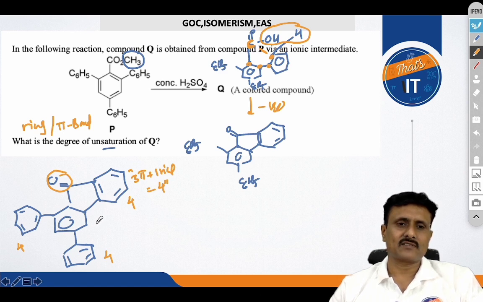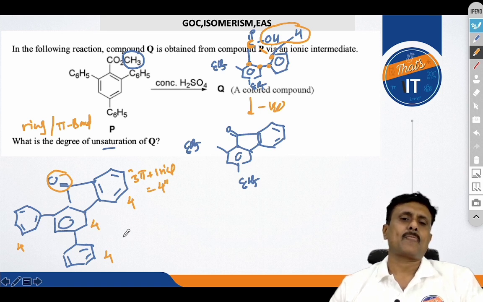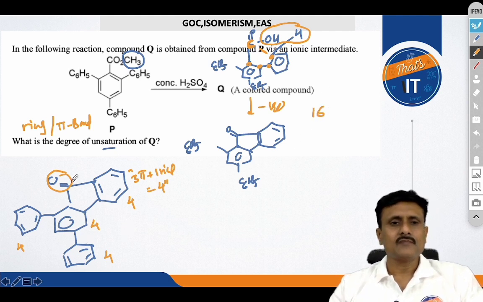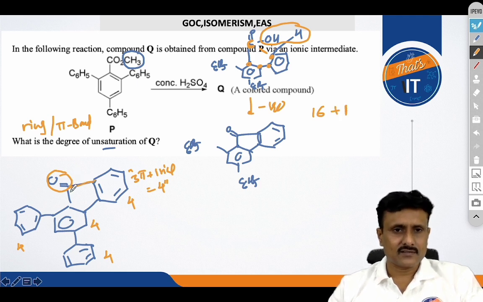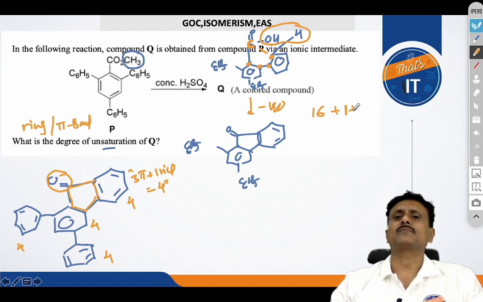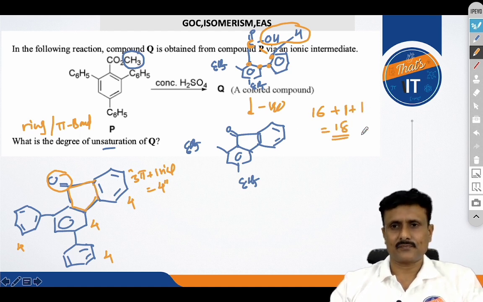Total how many benzenes are there? 4 benzenes, isn't it? If I am making any mistake, please correct me. That means 16. There is an adjacent 1 pi bond present and there is a ring. So, 16 plus 2, 18.